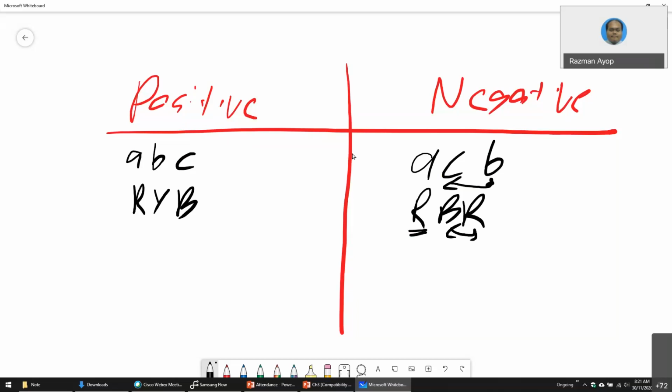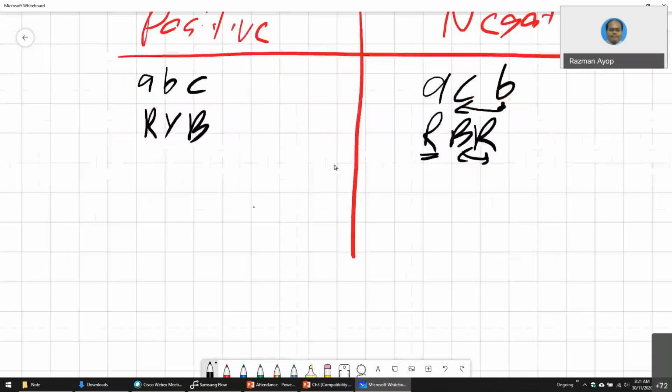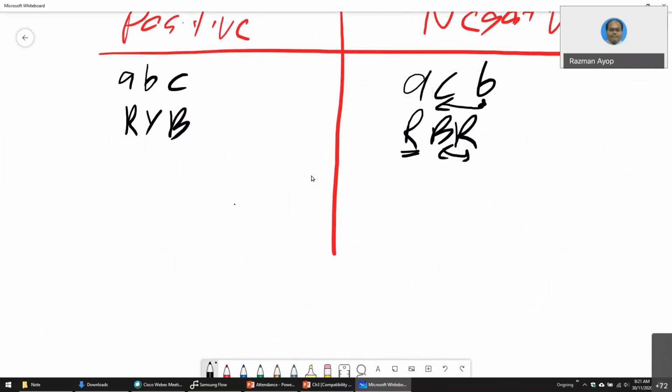So how to draw it? If you draw this, this one is VR. Make sure R is the reference, 0 degree.